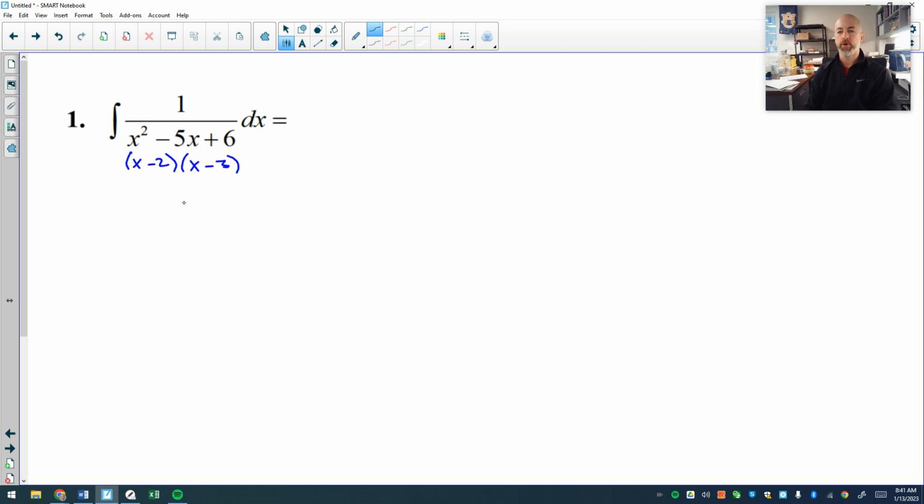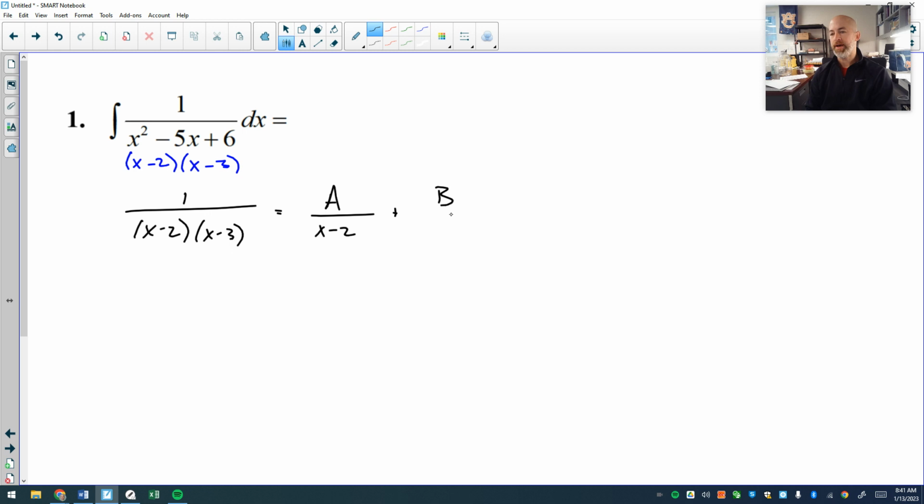So now for the partial fraction part, I'm going to rewrite my original fraction as such, and I know that it can be written as the sum of two fractions where one has a denominator of x minus 2 and the other has a denominator of x minus 3.